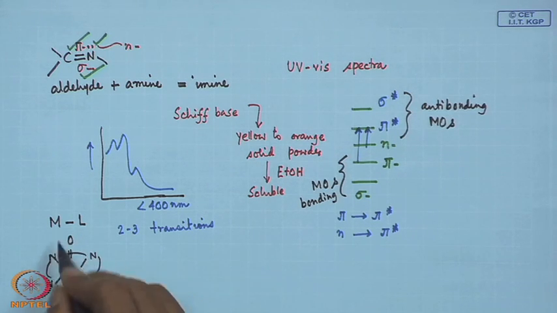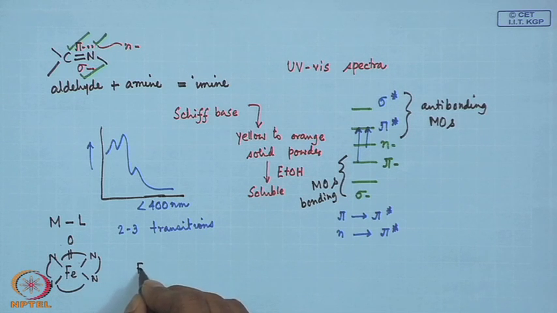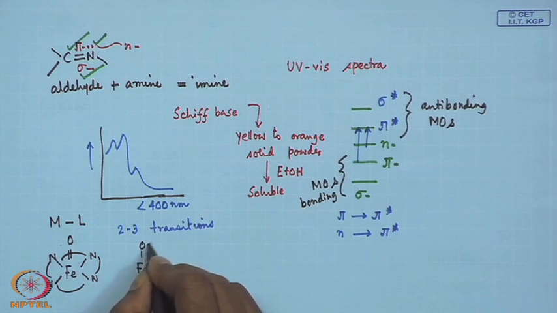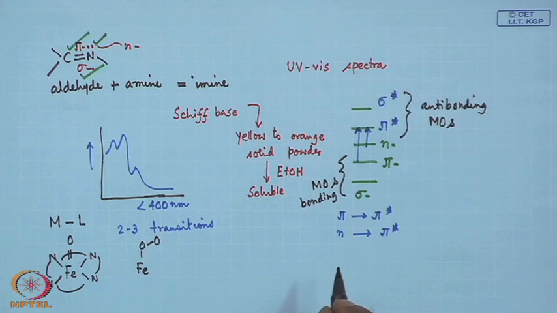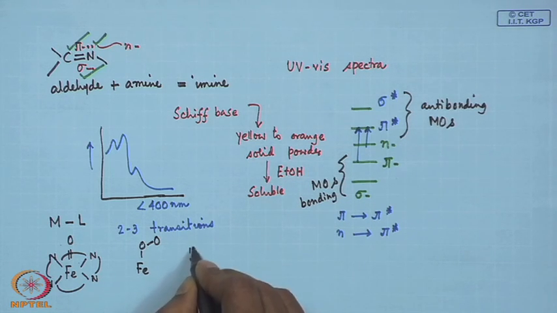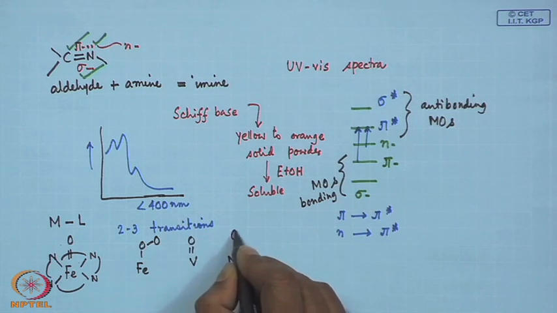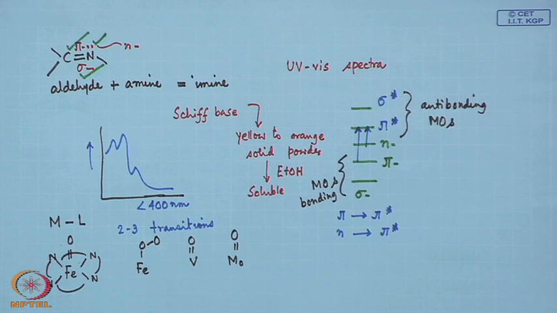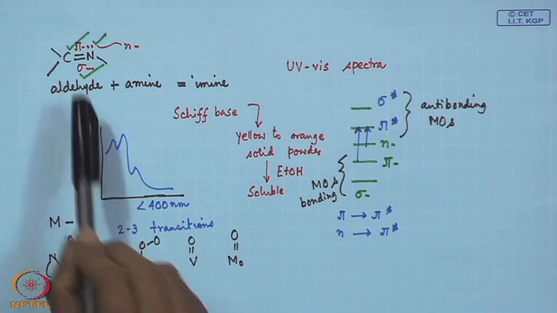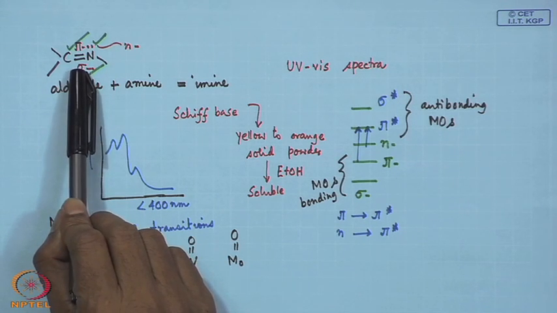So, we can talk about the corresponding iron oxygen multiple bond or the iron binding in hemoglobin such as in myoglobin also, and also we can have the double bond with vanadium and the double bond with molybdenum also.